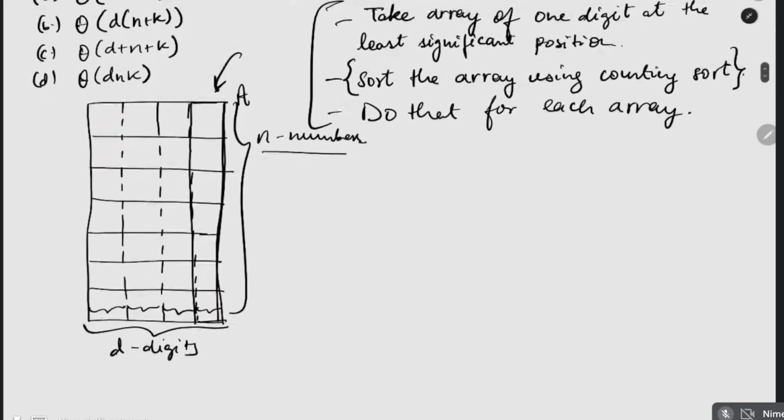So the time complexity for counting sort, right, for n numbers that can take k possible values is basically theta of n plus k, right?